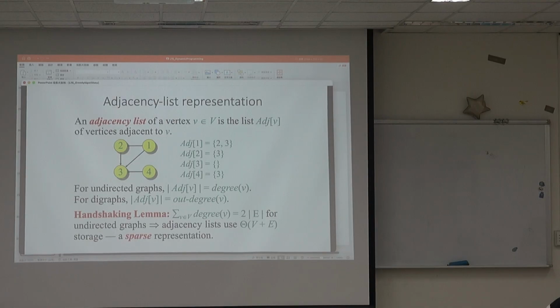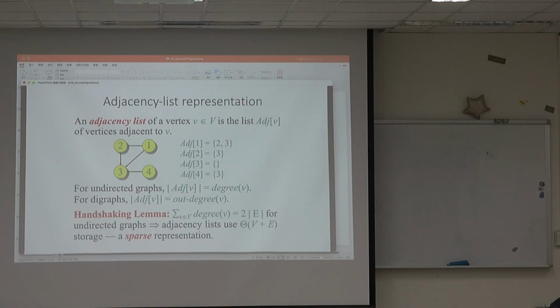The handshaking lemma: the total number of degrees from all the vertices adds up to 2 times the number of edges. This is called the handshaking lemma, for an undirected graph. For a directed graph, the out-degree and in-degree together will also be 2 times the number of edges.